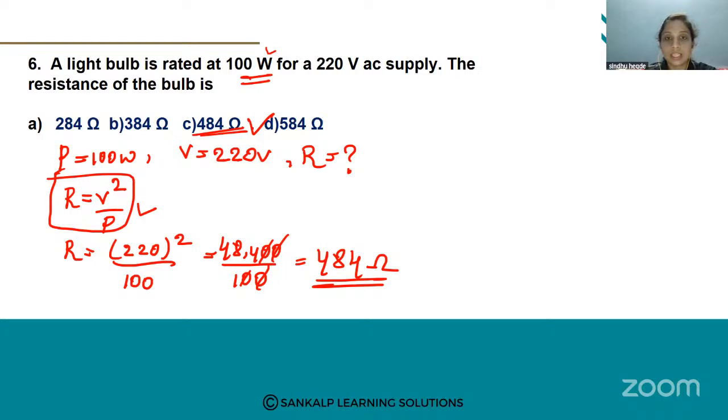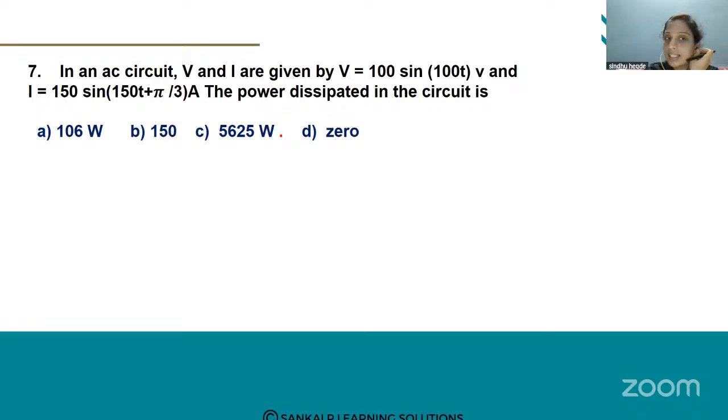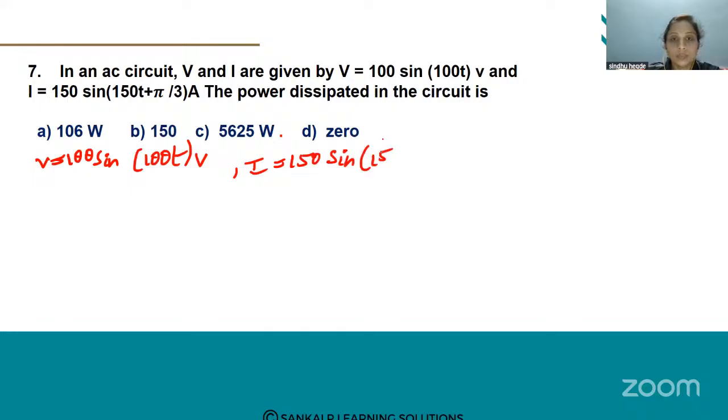Okay, we'll see the next. In this circuit, V and I are given by V is equal to 100 sine 100 t volt and I is equal to 150 sine 150 plus pi by 3 ampere.